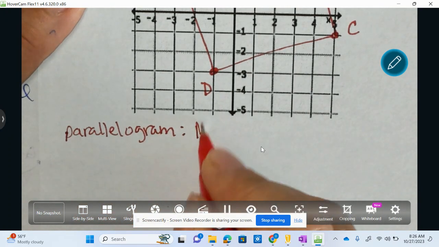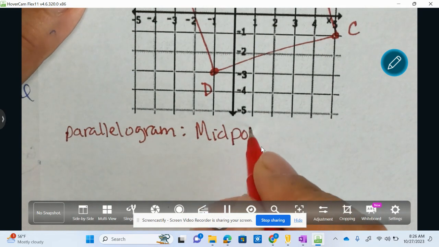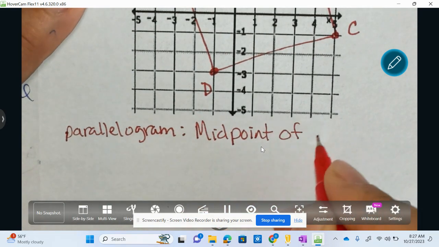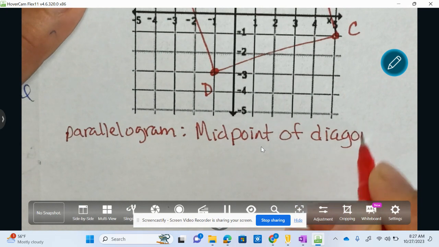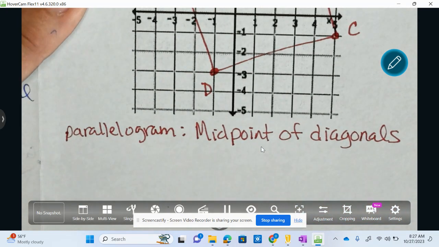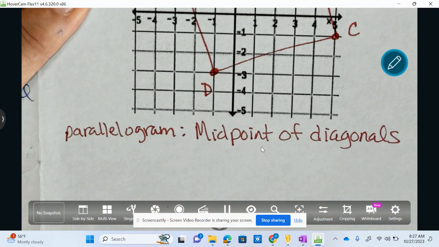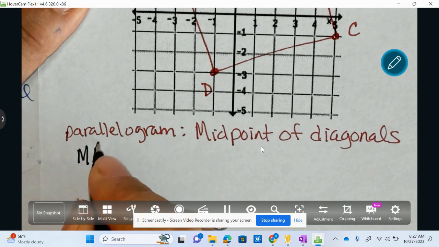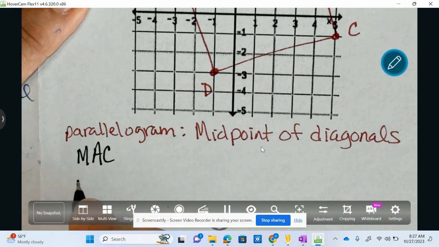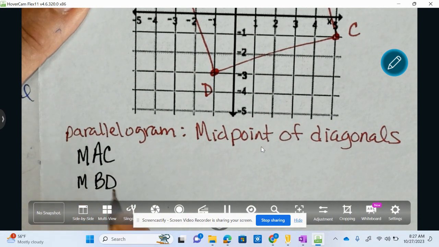So parallelogram means the midpoint of the diagonals. That's what I'm going to use. I need to find the midpoint of diagonal AC, and I need to find the midpoint of diagonal BD.